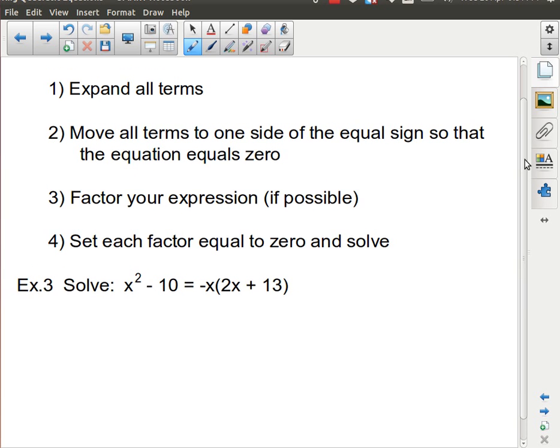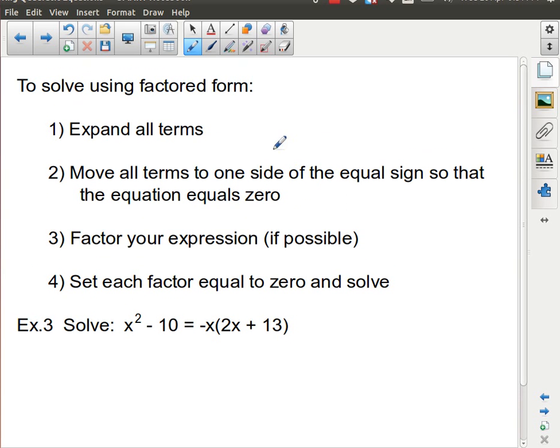So the general technique that we want to follow here is expand all terms, because the idea is we want to start from something in standard form, but we want that standard form to all be on one side of the equal sign.